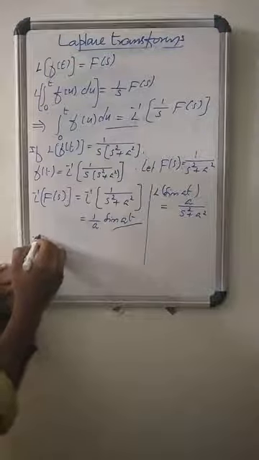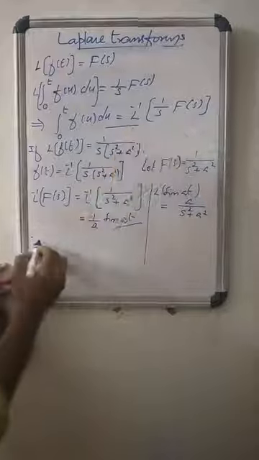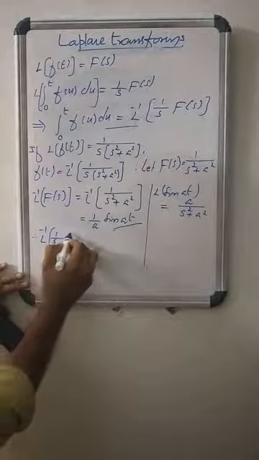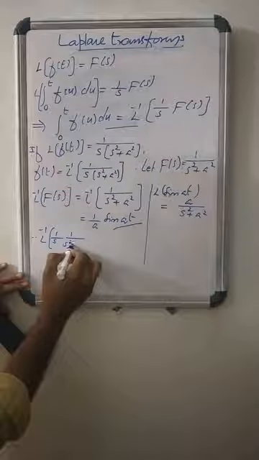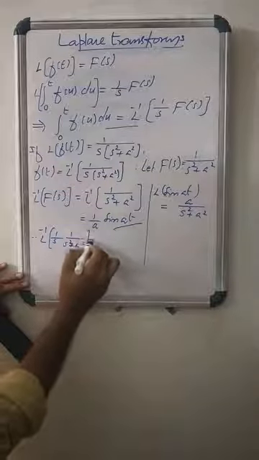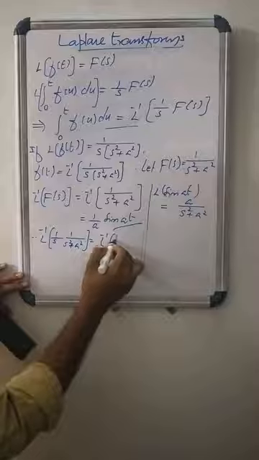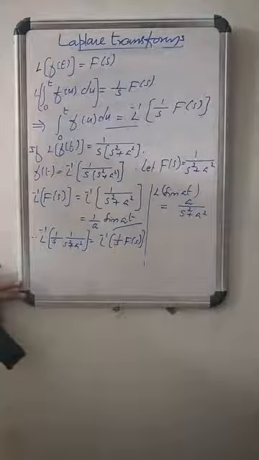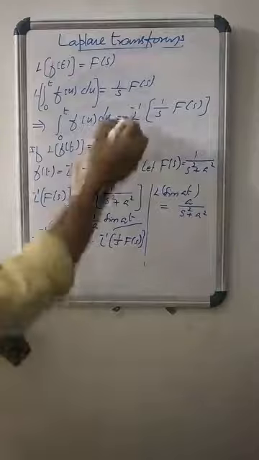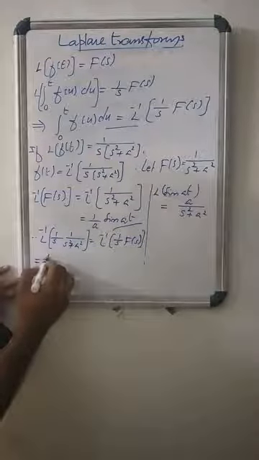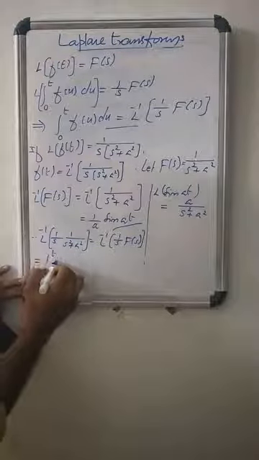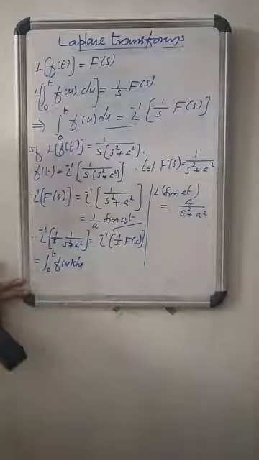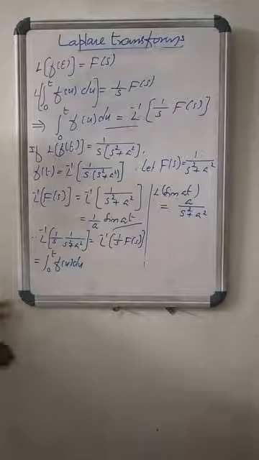Therefore, L inverse of 1/s times 1/(s² + a²), which is 1/s times F(s), according to this argument is the integral from 0 to t of f(u) du.